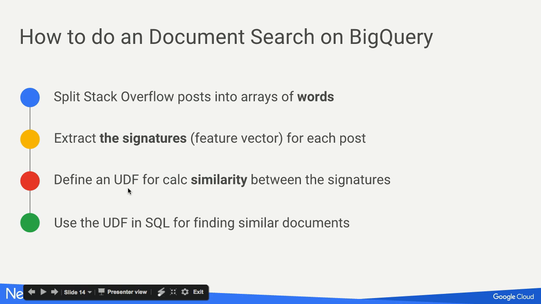A user-defined function is a feature in BigQuery where you can write any JavaScript code to define a function that could be used in the SQL query. So by using a user-defined function, you can calculate the similarity between the signatures of 2 different documents, and use the user-defined function in your arbitrary SQL to find similar documents.